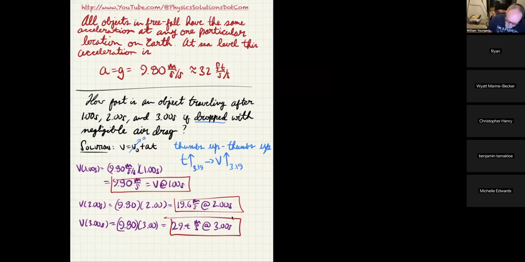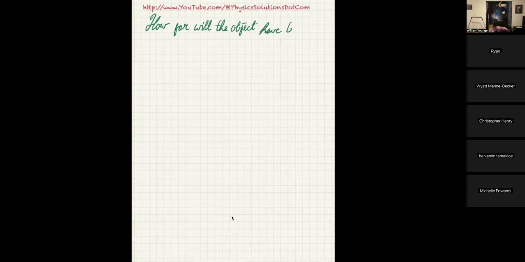Now what we want to do is say, how far will the object have traveled after 1.00 seconds, 2.00 seconds, 3.00 seconds?